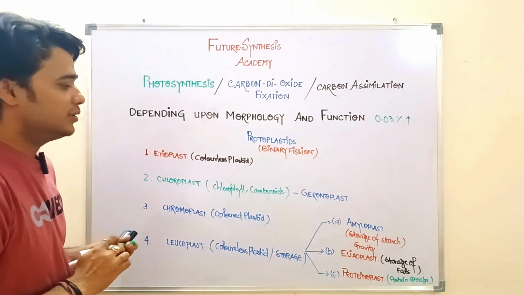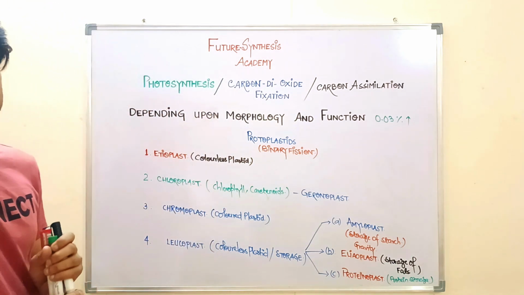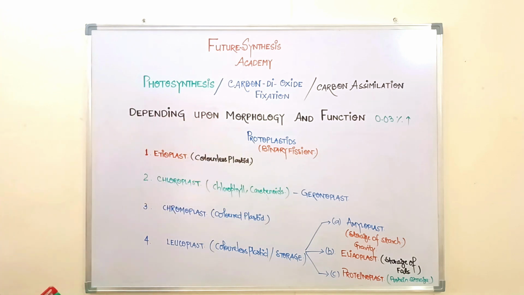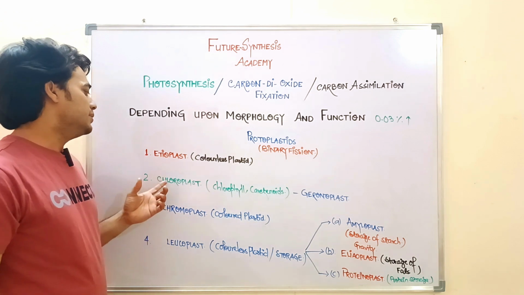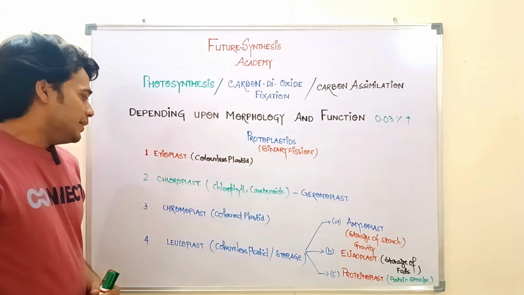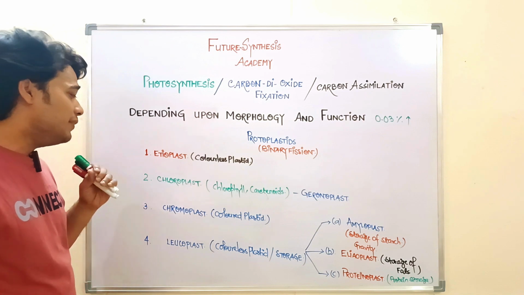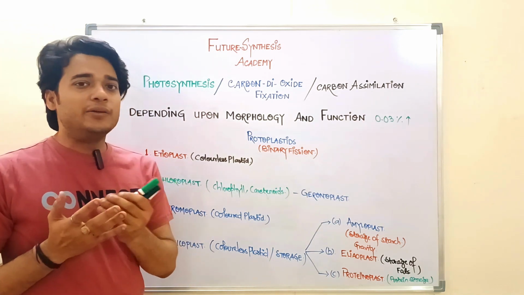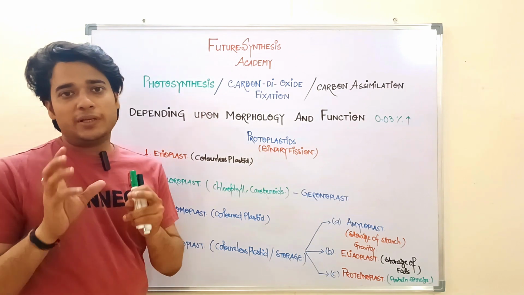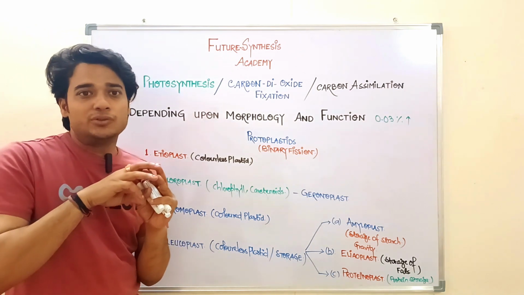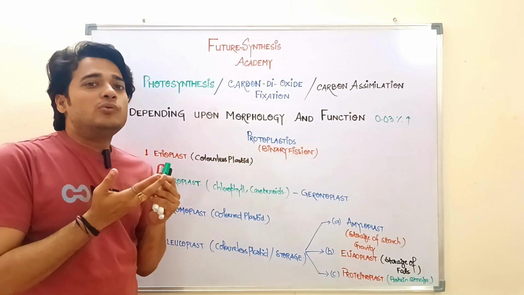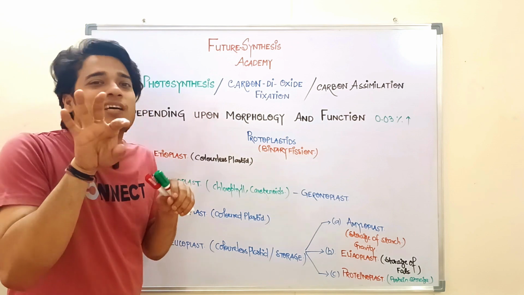So the very vital type of plastid, which performs the process of photosynthesis, is none other than the chloroplast. A very important fact about the chloroplast is that they move in the cytoplasm by the process of cytoplasmic streaming, and also by detecting sunlight.